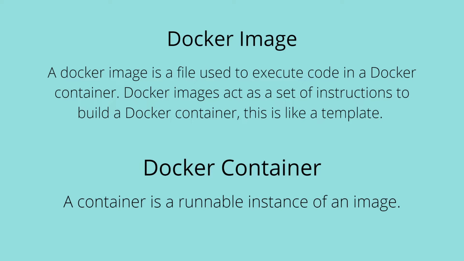A Docker container is a runnable instance of an image. You know that before building a house, you have to draw a blueprint. So the blueprint of the Docker container is called an image. Using the Docker image, you can create a Docker container.